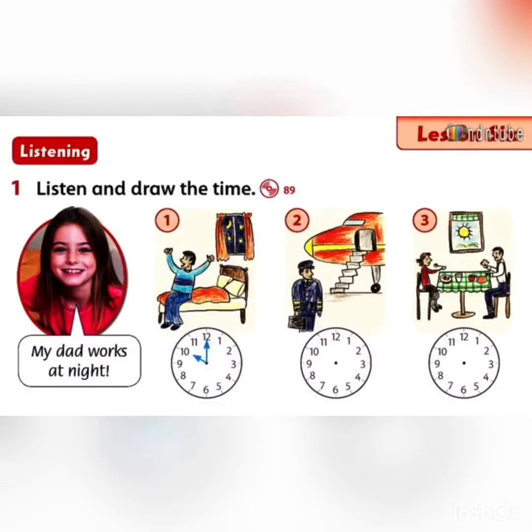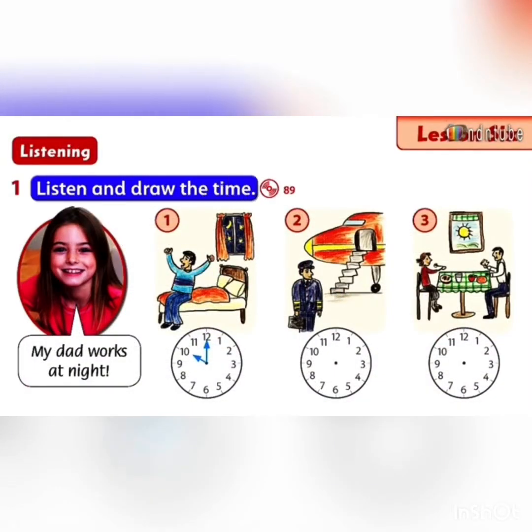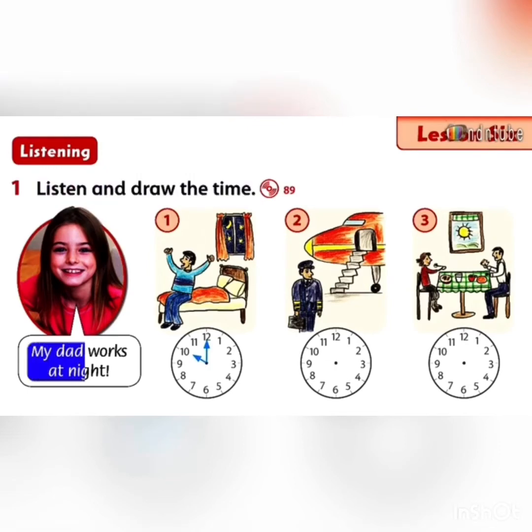Listening 89. Listen and draw the time. My dad works at night. Hello, I'm Ruby's dad. I'm a pilot. I fly big planes. I work at night. 1. I get up at 10 o'clock at night. 2.